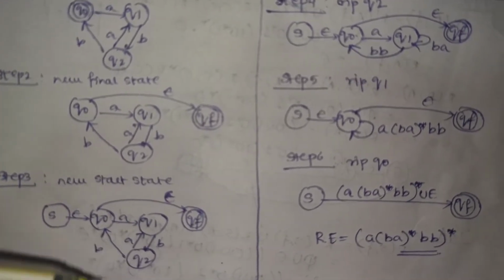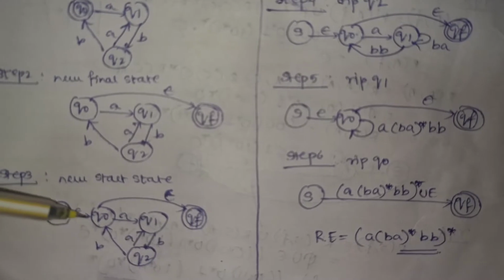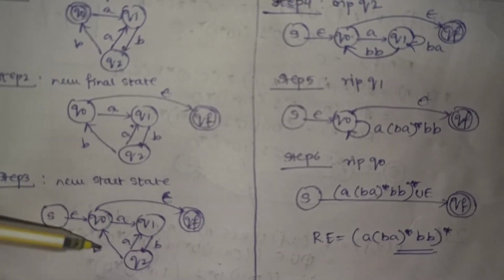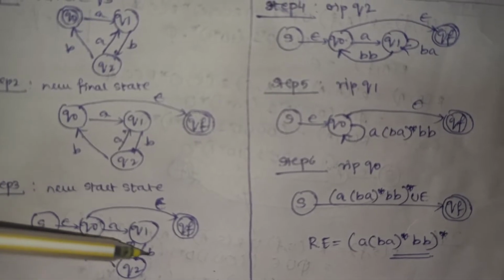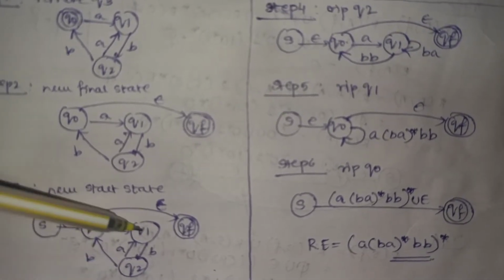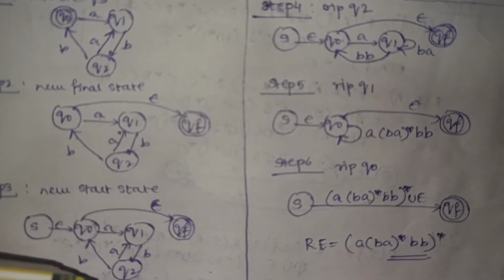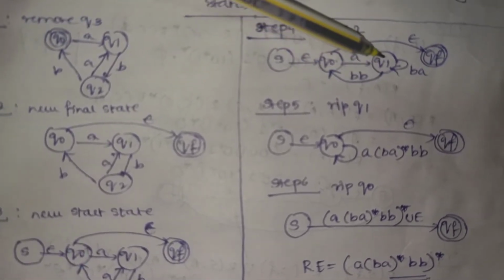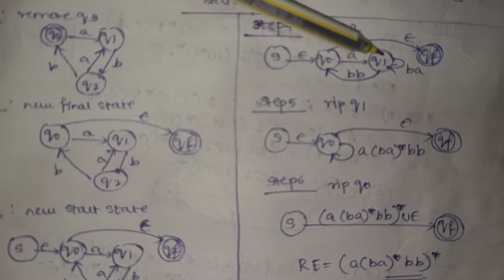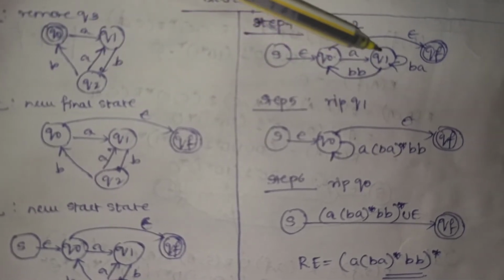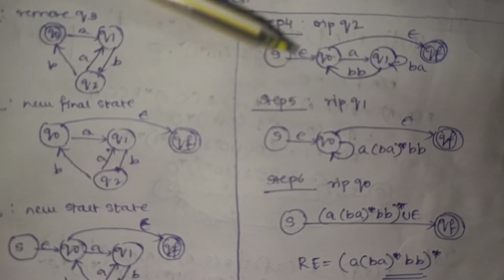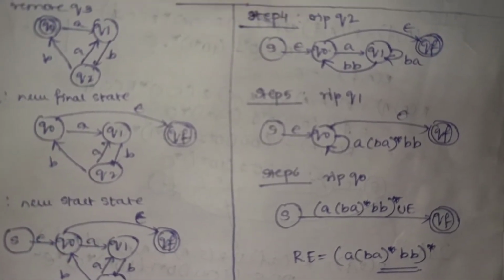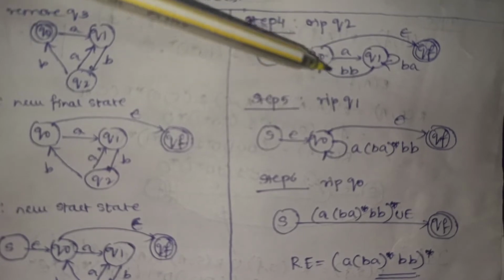If you rip Q2, you have B and B that is going to Q naught, so that is BB going to Q naught. Then you also have B and A which is going to Q1. These are the two transitions going across Q2. So from Q1 it is BA, and from Q1 to Q0 it is BB. So we replace Q2 with the corresponding transitions that come across Q2.